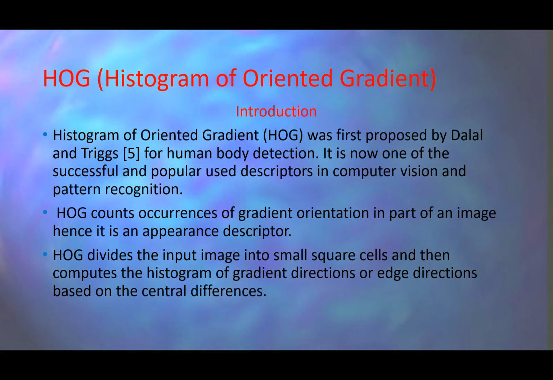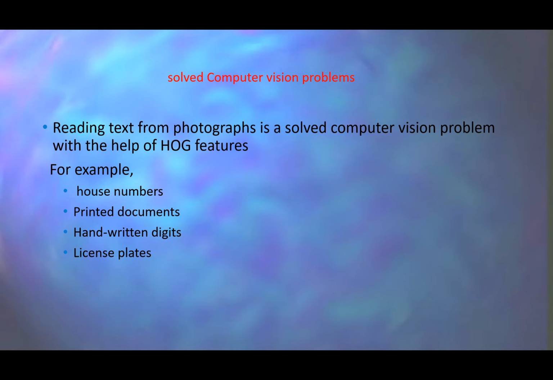Some basic problems that have been solved using computer vision, which we're also going to analyze, include house numbers. We're going to see how we can use HOG to identify house numbers in various apartment buildings.